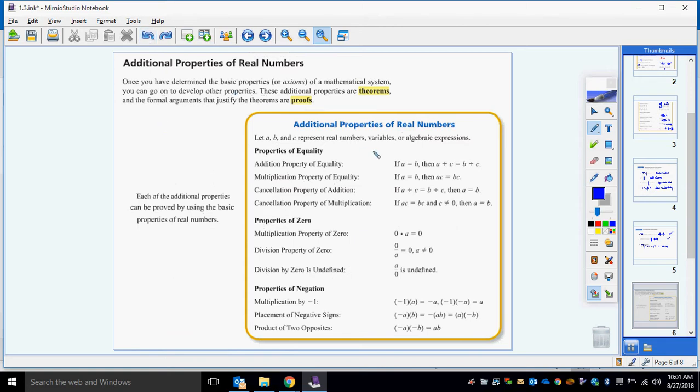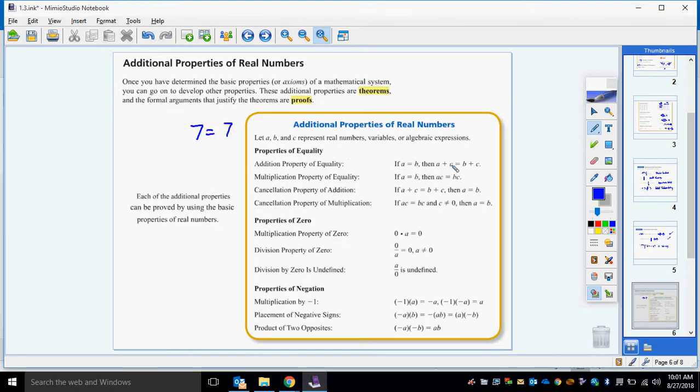Addition property of equality. If we have something equals something else, just like I set up my equation, something equals something else. It could be numbers, it could be letters. Let's just start off easy and put numbers. 7 equals 7.